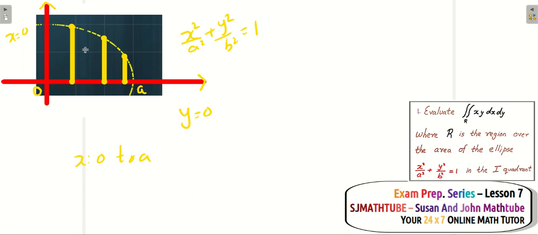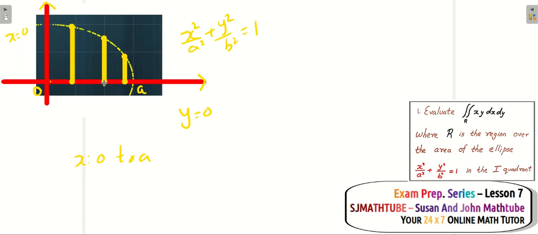You can look at these stripes. The bottom of the stripe is on the x-axis. You can think about a stripe anywhere in the given region, meaning the first quadrant of the ellipse. The bottom point of the stripe is on the x-axis, and the topmost point is on the ellipse.